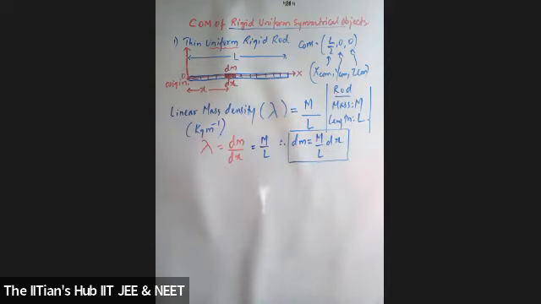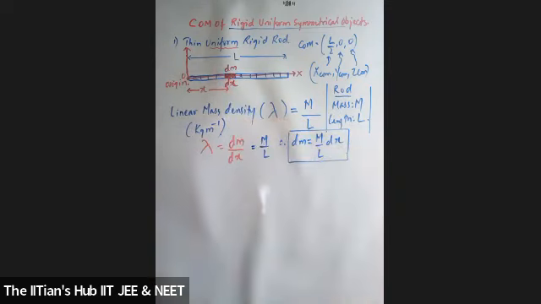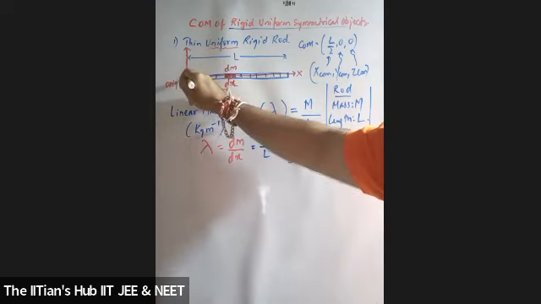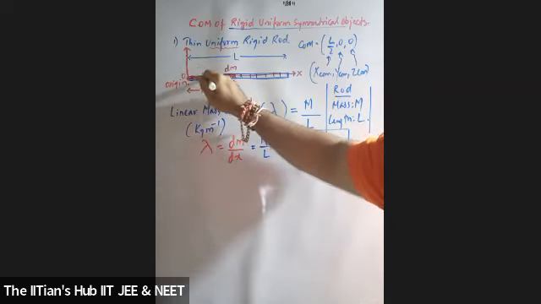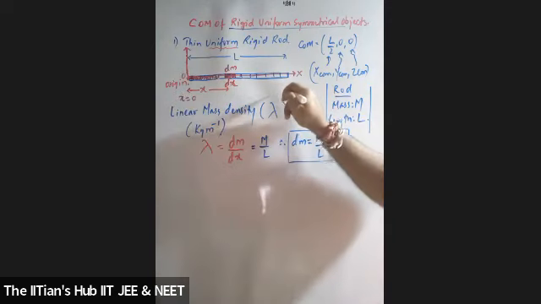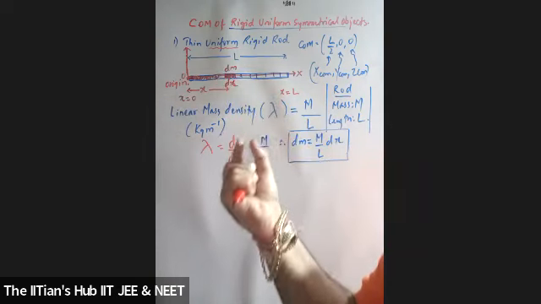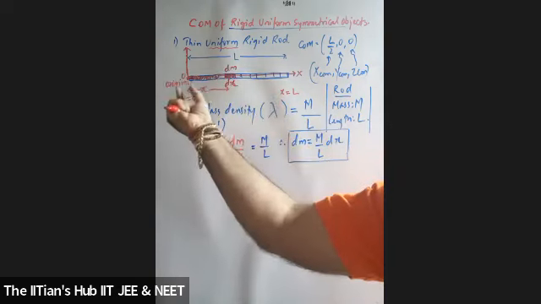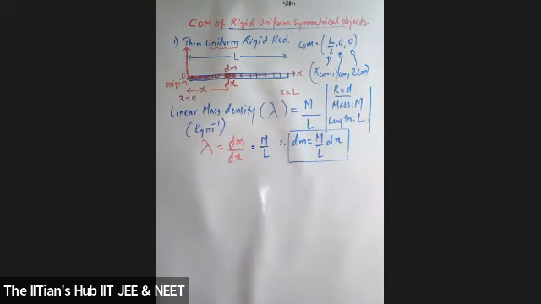Students, you keep placing these masses aligned from the origin. Place a small element here, then next to it, then next to it, and keep aligning from x equal to 0 to x equal to capital L. Don't you think I can then get the entire rod of length L?